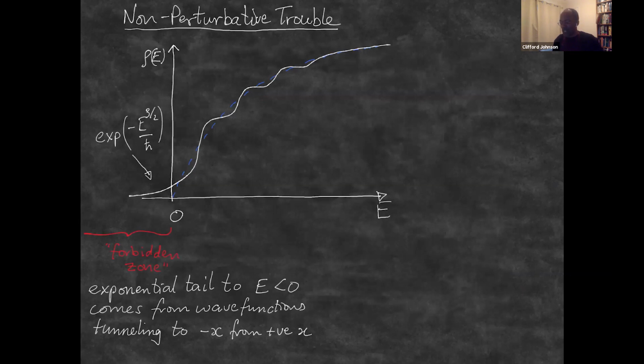This is sometimes referred to in Triple S's paper as the forbidden zone, when you have an exponential tail into the forbidden zone, which for many things doesn't matter in perturbation theory, but is actually secretly telling you that there's something dangerous going on, which could be destabilizing your whole model.